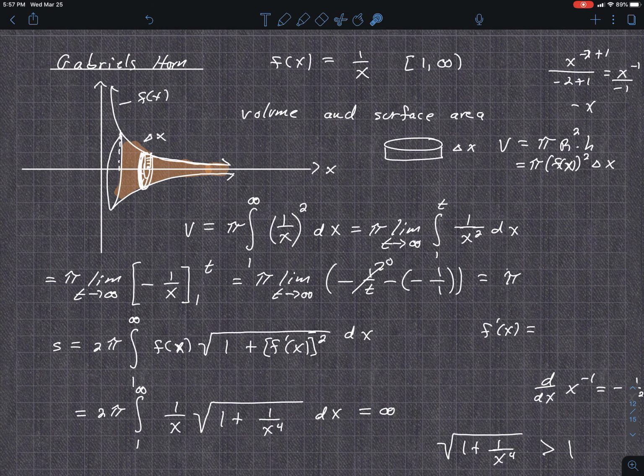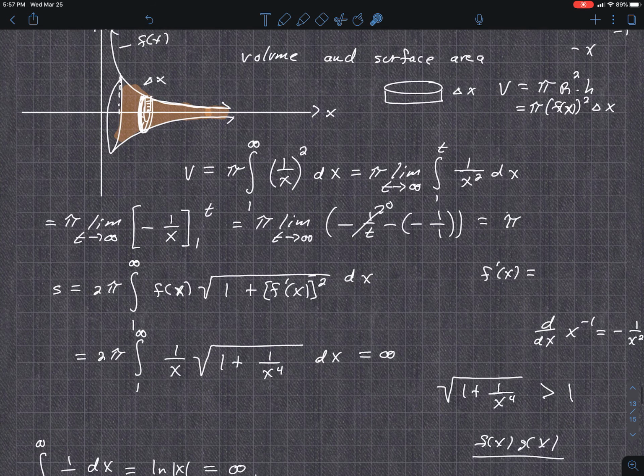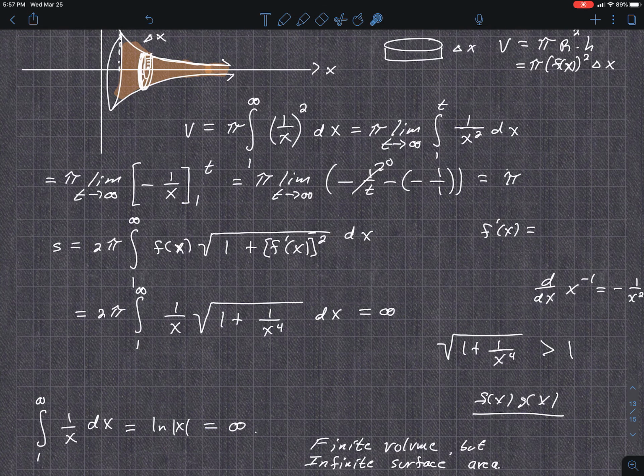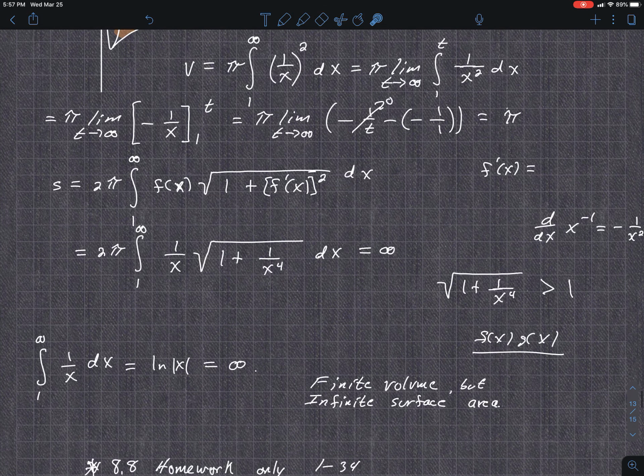Then I talked about Gabriel's horn, where you have 1 over x, and you rotate that, and you looked at the surface area around the outside versus the entire volume as you approach infinity. So this was just an application example of stuff we've done, including the infinite limits or infinite integration concepts.